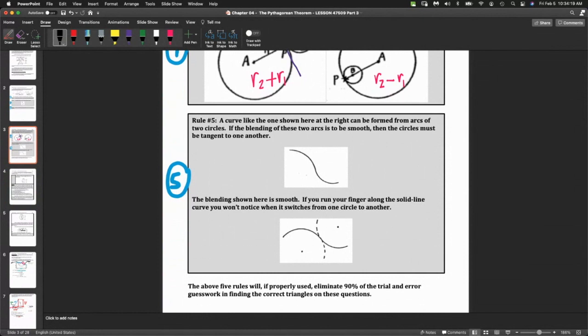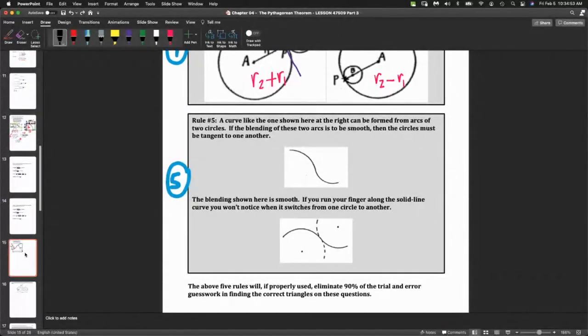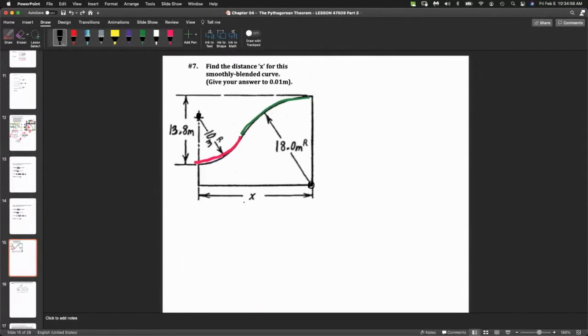It says that if you have a blended curve, which can be approximated with 2 circles being tangent, and you extend the bottom circle and the upper circle, then you can connect the 2 centers together, and that will be a straight line, and this will be a 90-degree angle. That's what I was talking about last week as we touched on this more challenging concept with the Pythagorean theorem. Now we're going to apply that logic to this question.